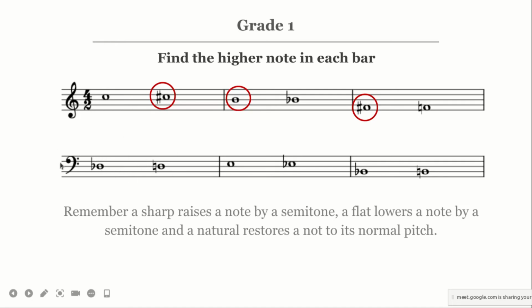This is a bass clef. So between this B flat and D natural, which one is higher? B flat. Remember, a flat lowers a note, a sharp raises a note.